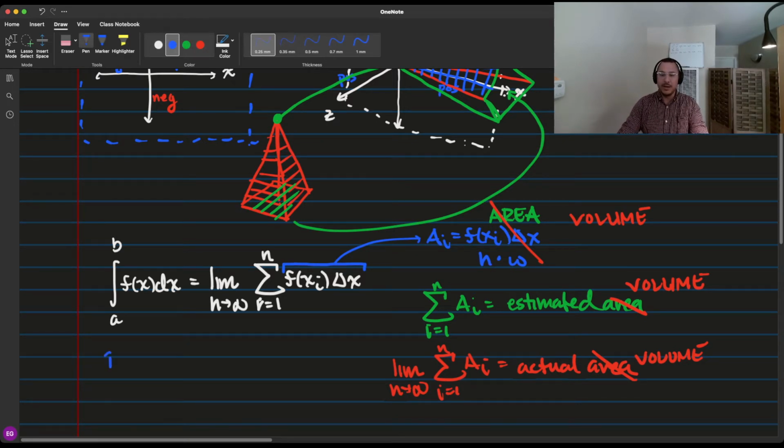Okay, so 1, do you remember how we had the formula for the xi? That was the partition from A to B. We're still going to have to partition. You're still going to have your delta x, which is the distance between all those points in your partition. Okay, so after you partition, your second step is going to come up with some formula that estimates something.